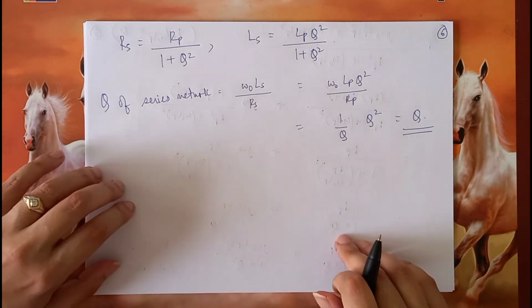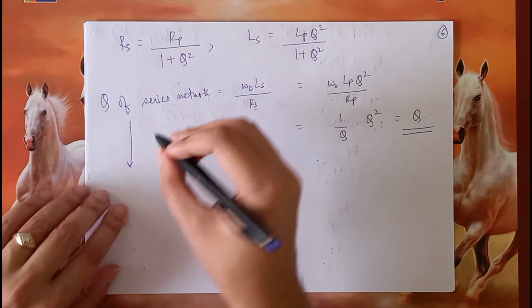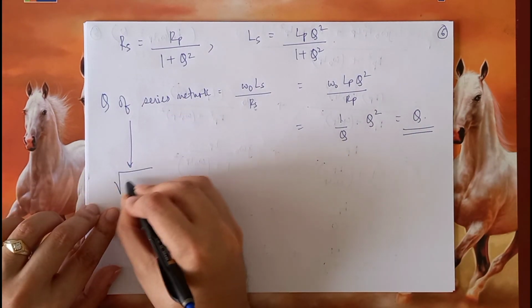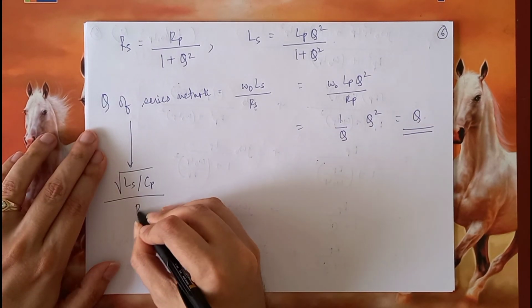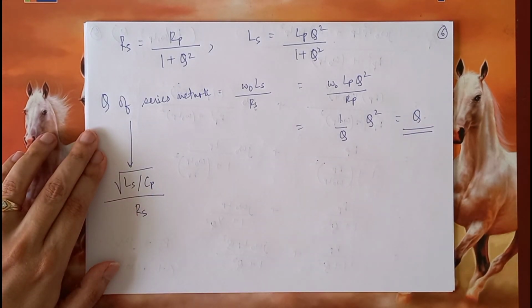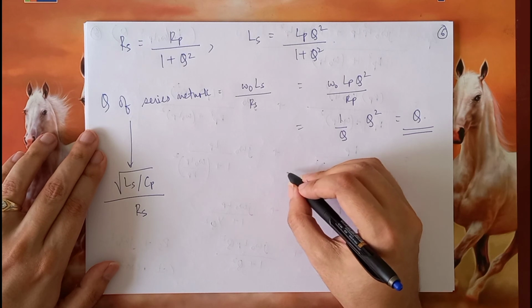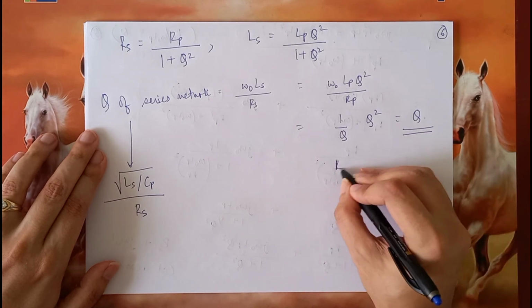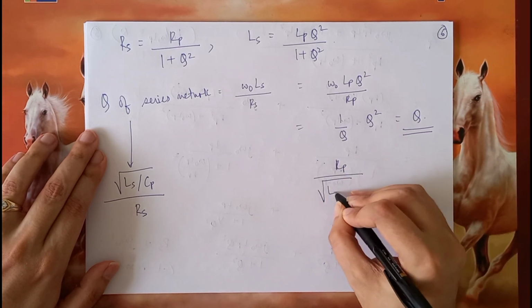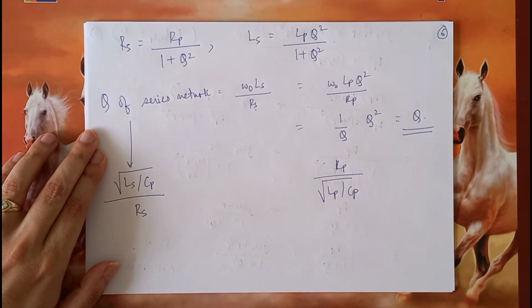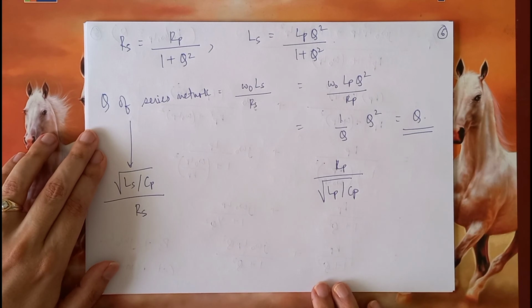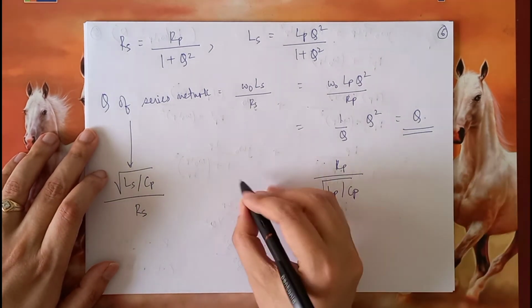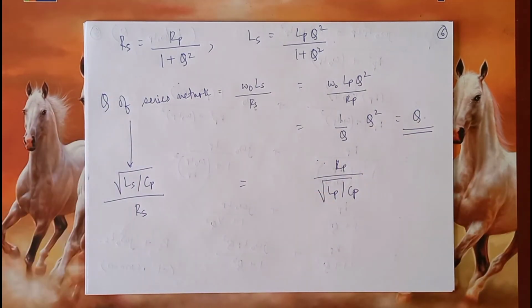You can check it the other way around also. So Q of a series network, what we had proved, is omega 0 Ls, or 1 by omega 0 Cp, divided by Rs, because Cp does not change. And Q of a parallel network is Rp divided by under root of Lp by Cp. You can effectively prove that they will come out to be the same, that is Q. So this is a very good sanity check.